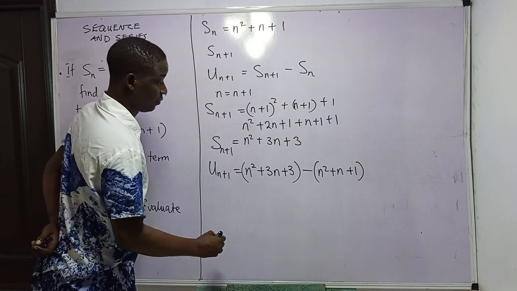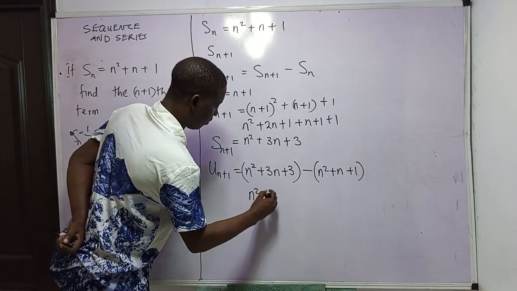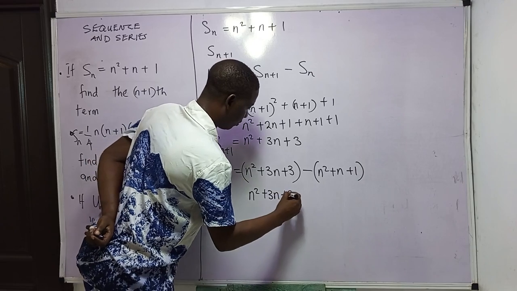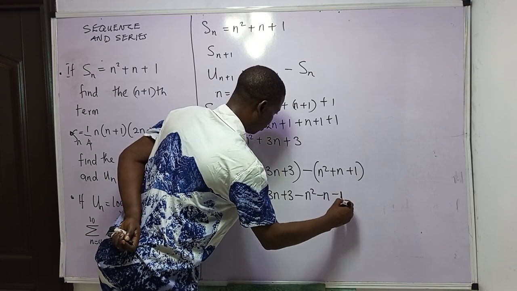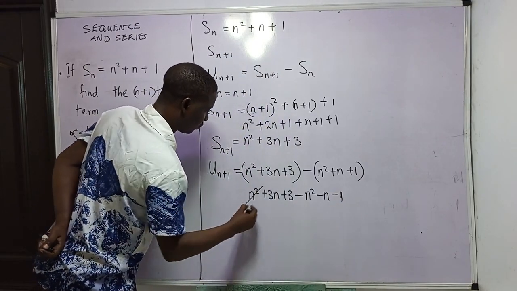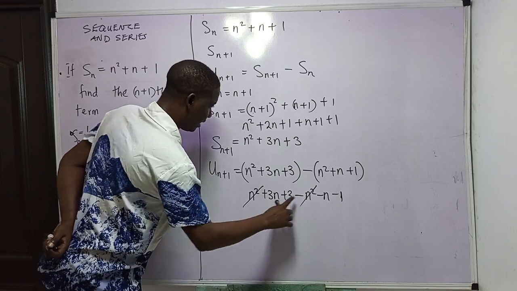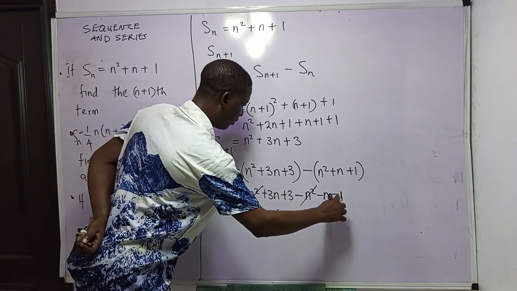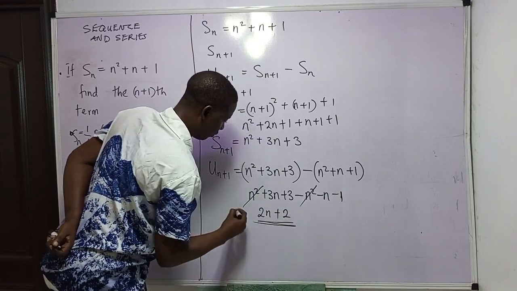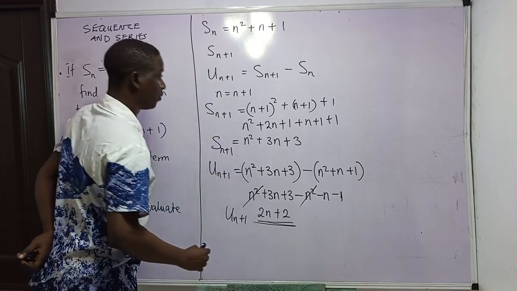So we would have n squared plus 3n plus 3 minus n squared minus n minus 1. This cancels this. 3n minus n gives us 2n, plus 3 minus 1 gives us 2. So this is the answer for that question.